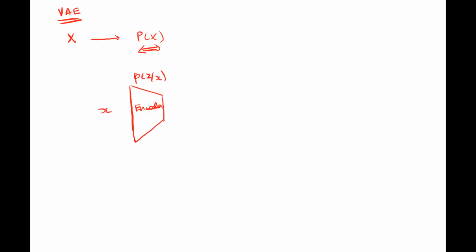What are the defining characteristics of the distribution? If the distribution is Gaussian, they can be the mean or the covariance matrix. That's what comes out of our encoder. In an autoencoder, what came out was just features, the feature values of inputs. But what comes out of an encoder in a VAE are the parameters that describe a latent vector distribution. So the parameters would be mu and sigma.